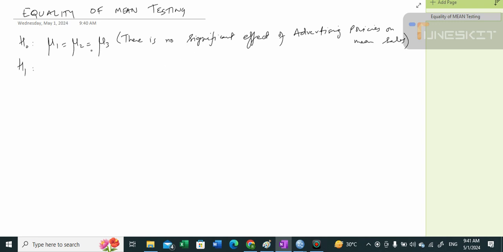So preferably we write it in terms of at least two means differ, similar to the previous case in which we stated H1 as at least two variances differ.